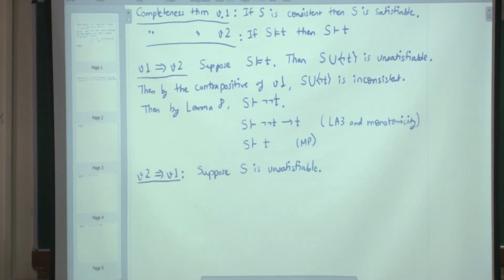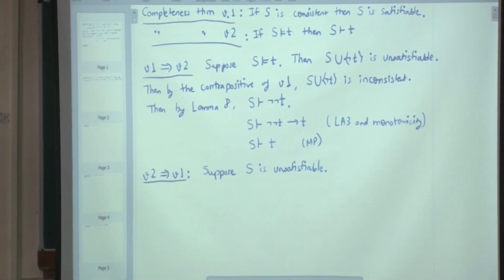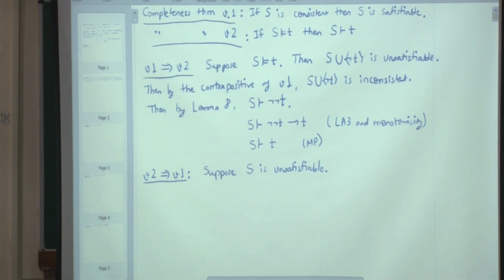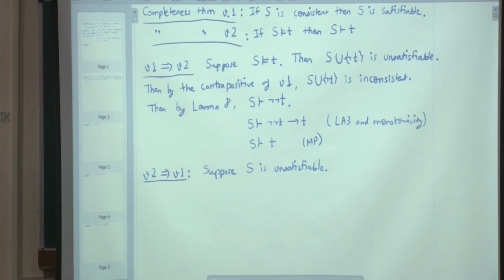What is the definition of S models T, or T is a logical consequence of S? Whenever there is a valuation which makes capital S true, then it should make T true. But there is nothing which makes capital S true.